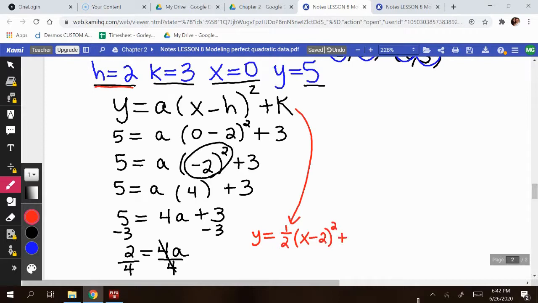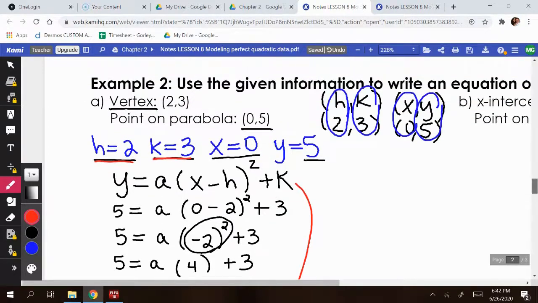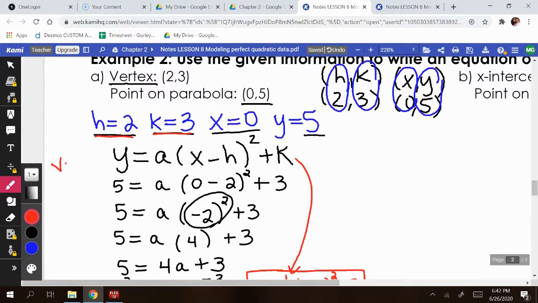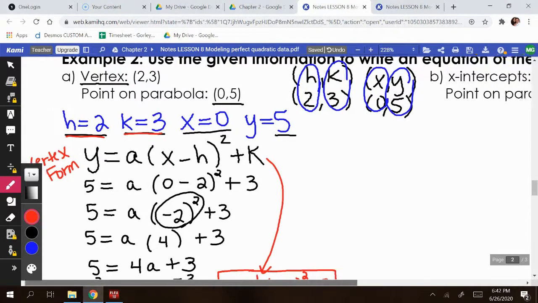Plus k, and k was 3. Okay, and again, for this example, we use vertex form because we were given a point and the vertex. If you're given the vertex, use vertex form.